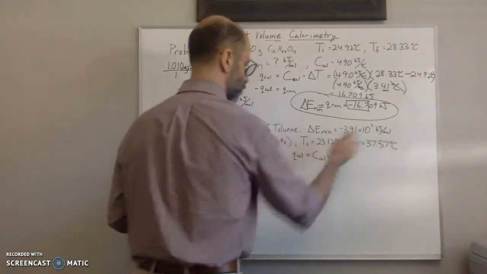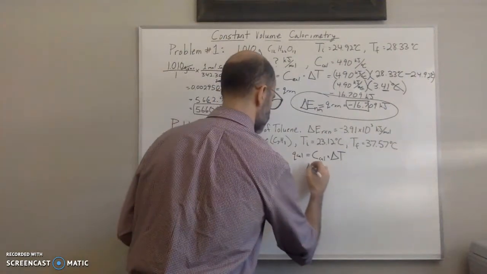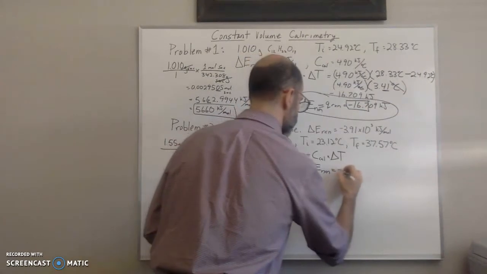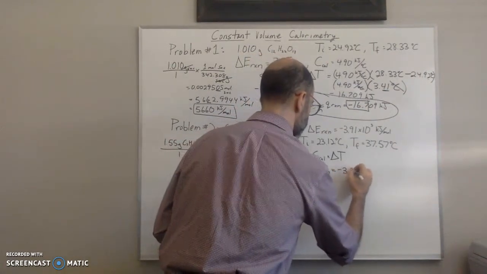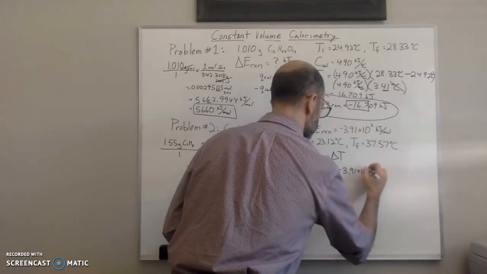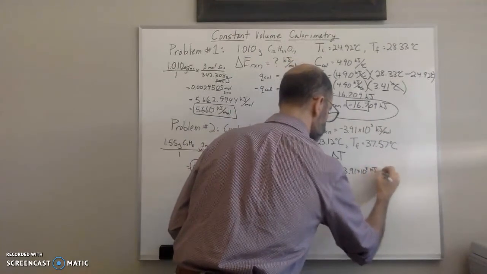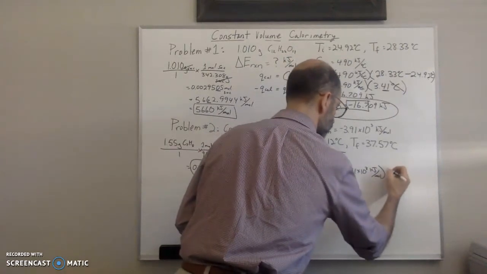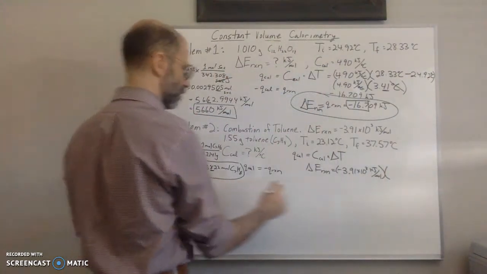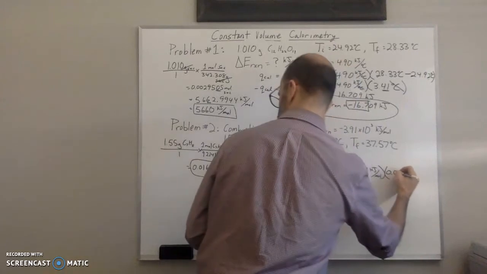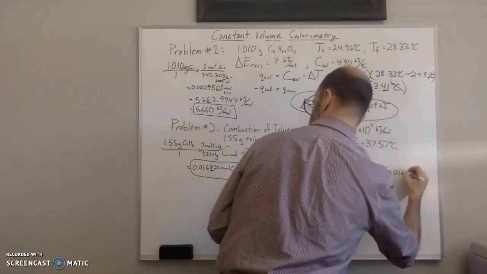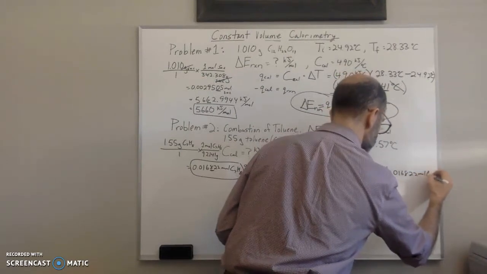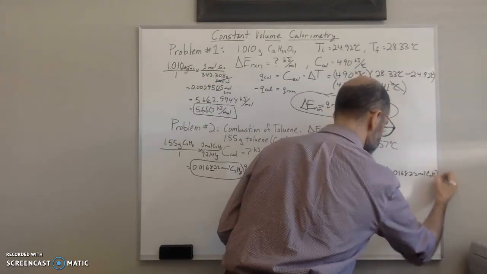So then what we could do is we could take that delta E, so delta E of the reaction is equal to negative 3.91 times 10 to the third kilojoules per mole. And we're going to multiply that by the number of moles that we got here, 0.016822 moles of our toluene, C7H8.